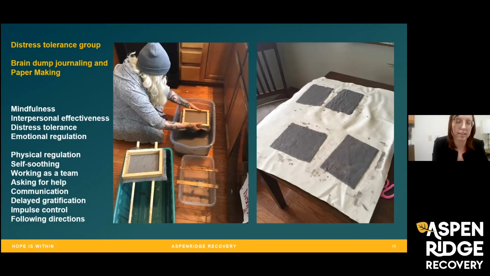Self-soothing, working as a team, asking for help, communication, delayed gratification. This is a very long process, and then it's wet for like 72 hours. So then they have to do the waiting to actually use the paper. Impulse control, following directions.